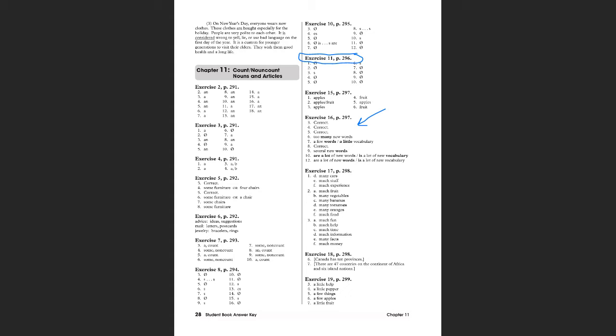We're not supposed to use few with non-count. So, yeah, I need to put some. Yes, you can say some vocabulary, you could say a little vocabulary, or we can change vocabulary and just say a few words. Okay.